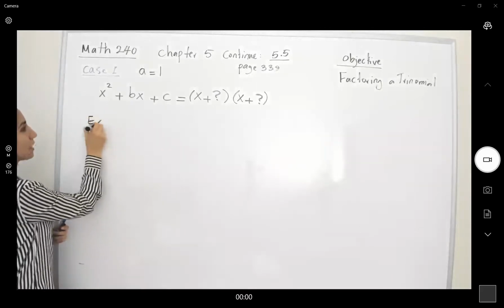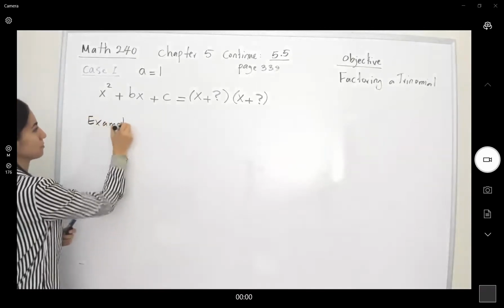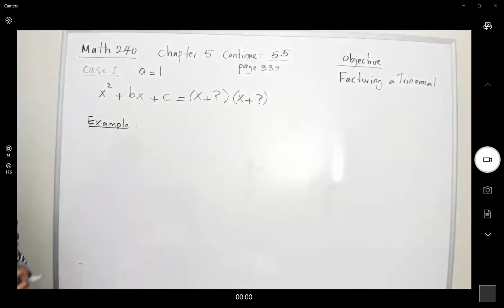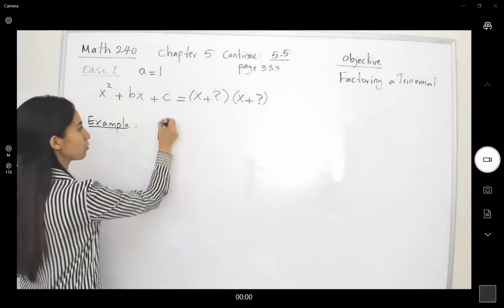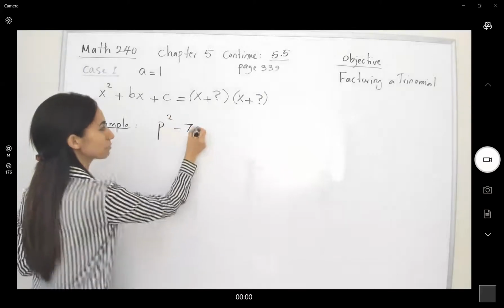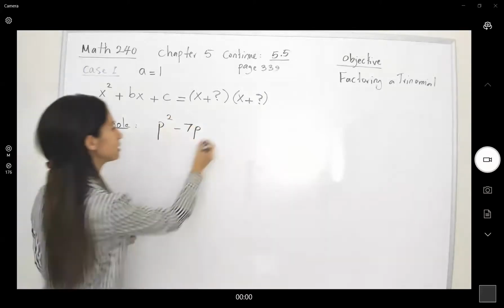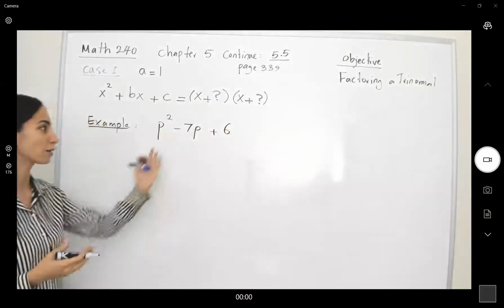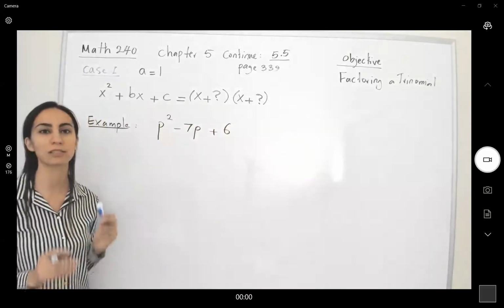So in this example, we have a different free variable. Our free variable is actually p. Here you have p squared minus 7p plus the constant 6. What is our goal? Our goal is to factor this completely.